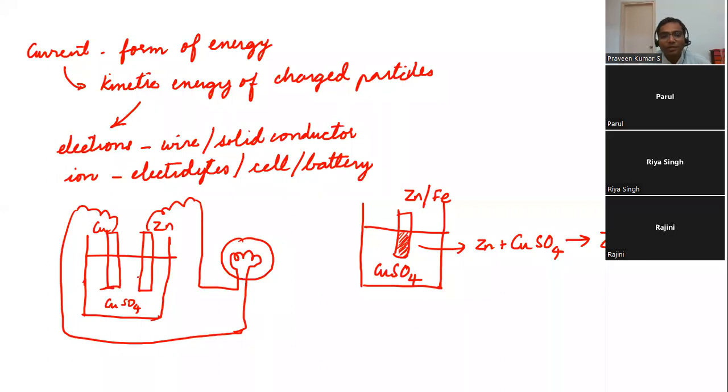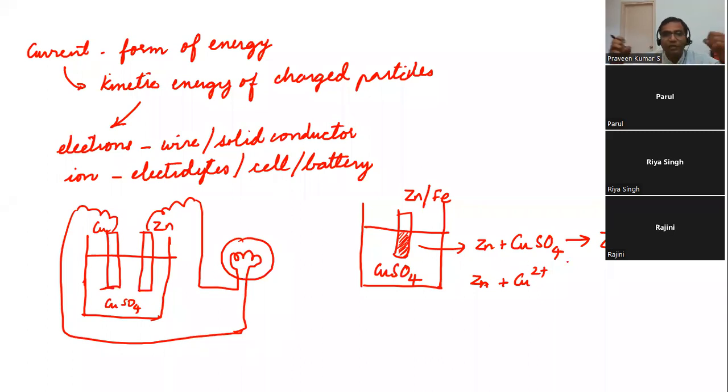So let's imagine what is happening here. Though you write this equation in a very simple manner, in reality this doesn't happen in one straight step. The moment you put this in a solution, there is Zn, there is Cu2+. Copper sulfate does not exist as a molecule.